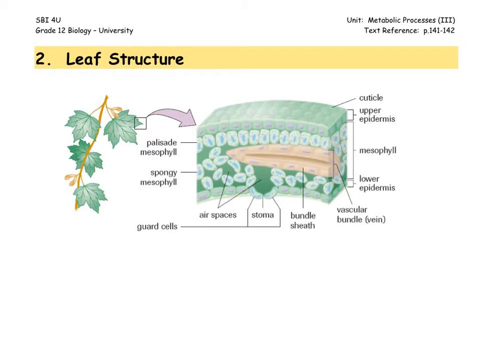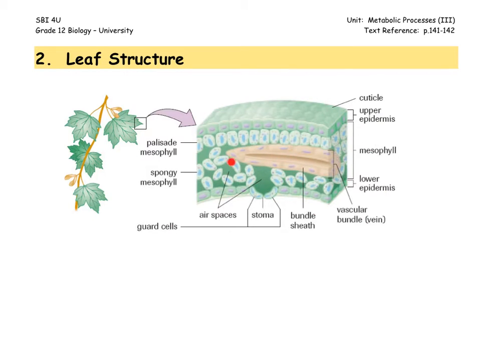The hole, or the opening itself, that the guard cells either block or create is called a stoma or a stomate. When the guard cells choose to open, that will allow for carbon dioxide to move into the spongy mesophyll, into the leaf.